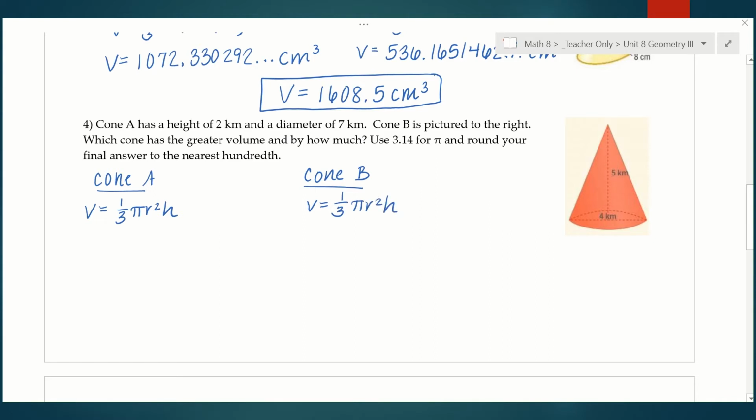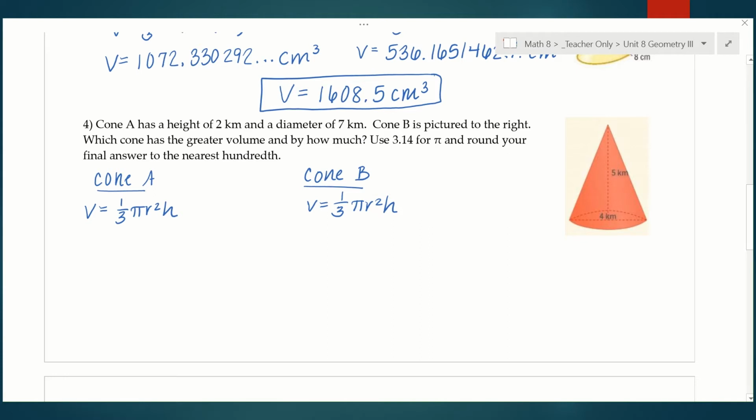Now if you look at the directions, it does say use 3.14 for pi, and then it says to round your final answer. So what that means is in our work for finding the volume, we are using 3.14, and then at the end, when I go to find the difference between them, because it wants to know which one's greater and by how much, that's when I'm going to be doing my rounding.